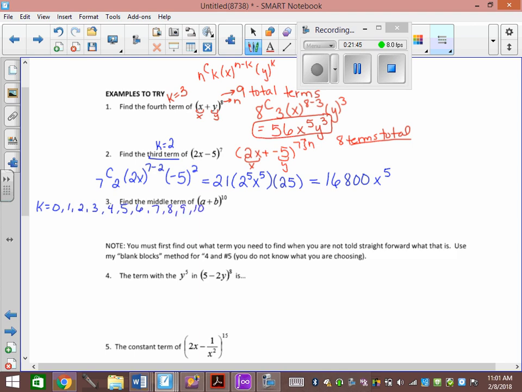I want the middle k, so I take off one from each end, again and again, and k equals 5. You can go term 1, term 2, up to term 11, and then it would be term 6, which is k equals 5. You could do it as k's or terms. Doesn't matter.